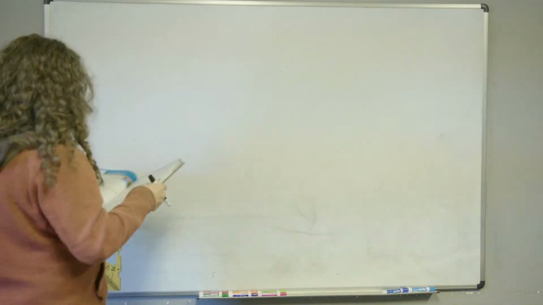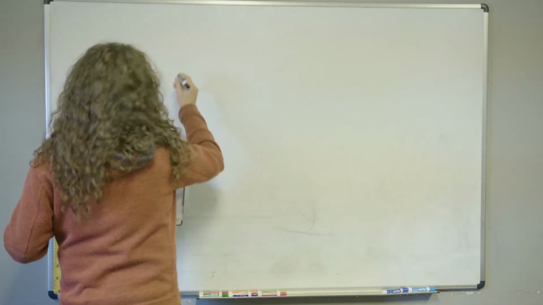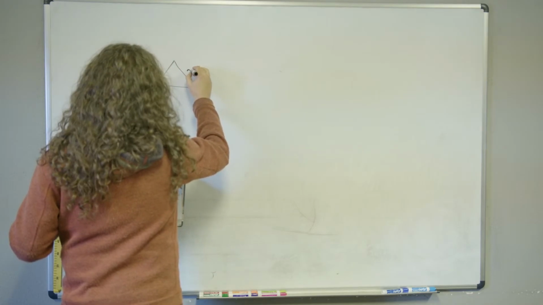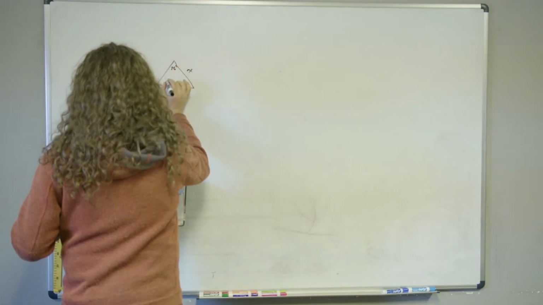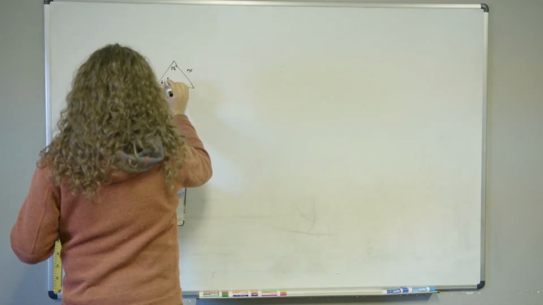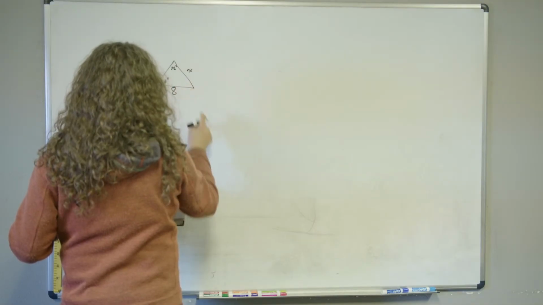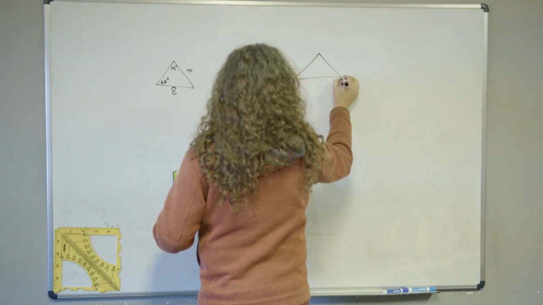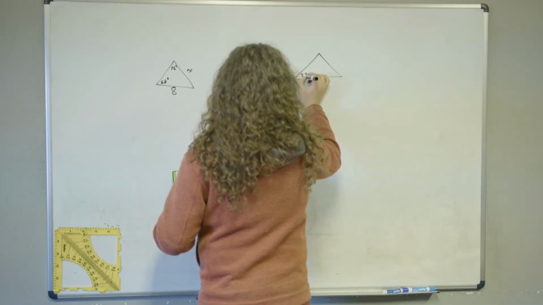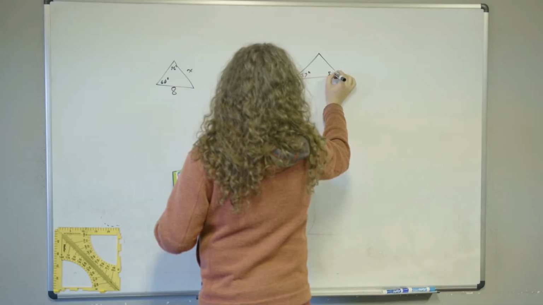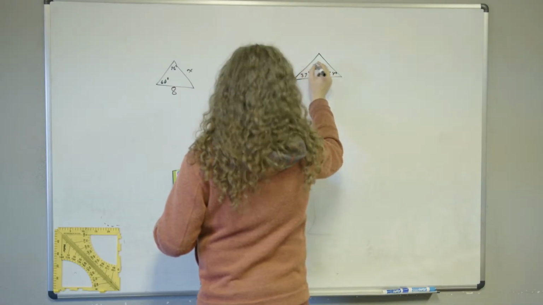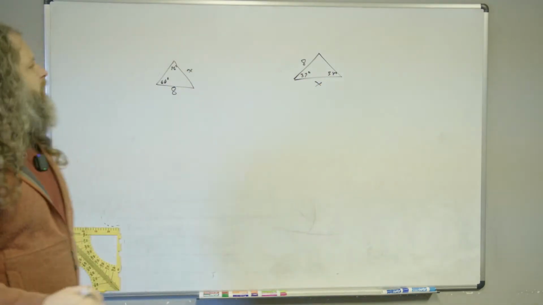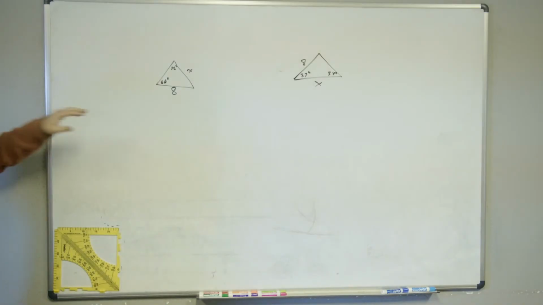So let's do a couple of these. We know those aren't right triangles because we solved for the third angle on both of them.